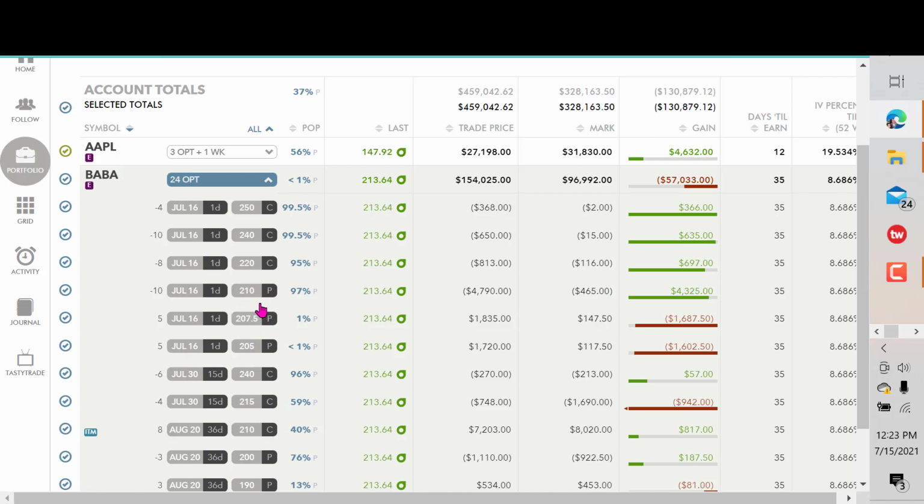Look at it again. I have made a contract to purchase 10 times 100, which will be 1,000 shares of Alibaba if it drops below 210. It's currently at 213.66. I insured that and limited my risk so I can't lose any more money going below 207.5.